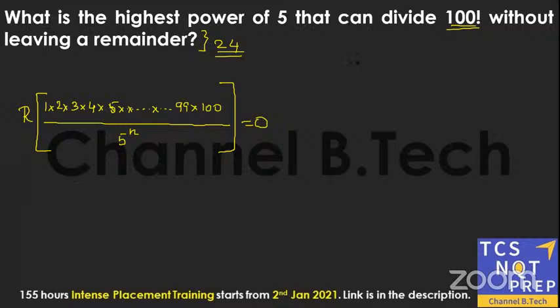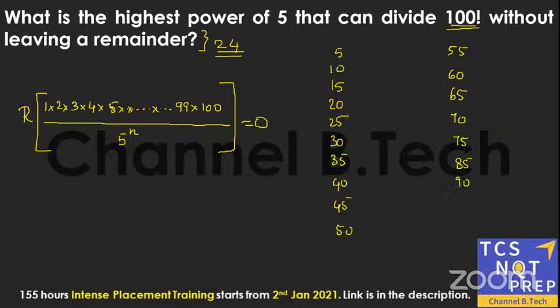So we have to find out how many 5s are there. All multiples of 5, let us write down. 5, 10, 15, 20, 25, 30, 35, 40, 45, 50. Similarly, 55, 60, 65, 70, 75, 85, 90, 95 and 100.